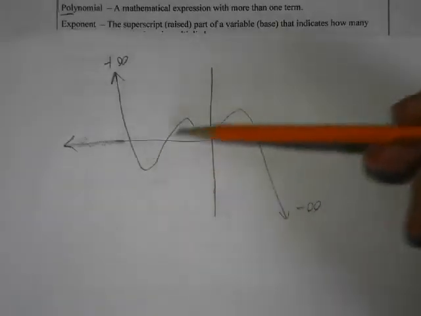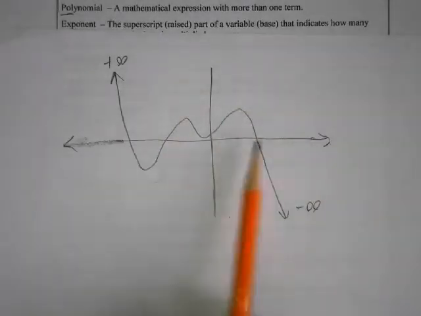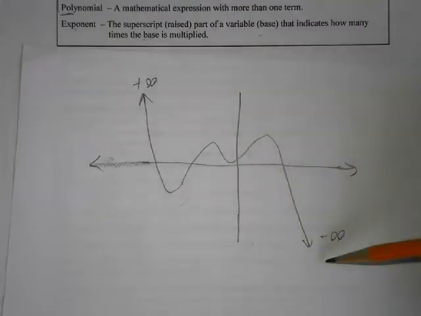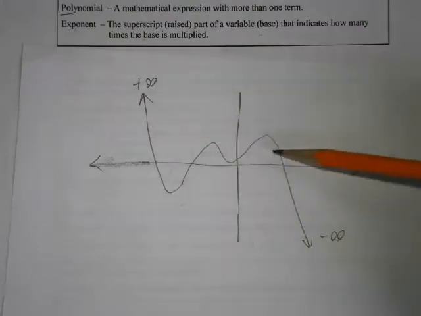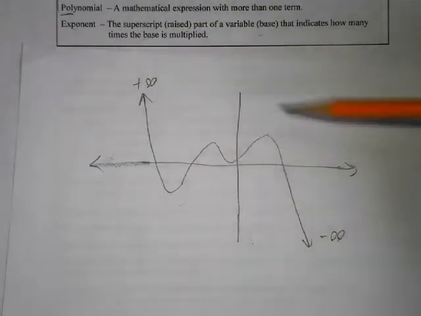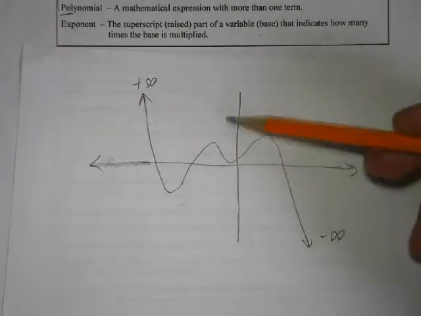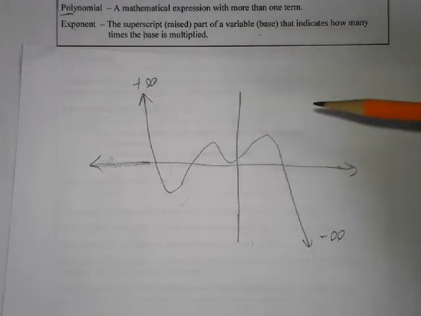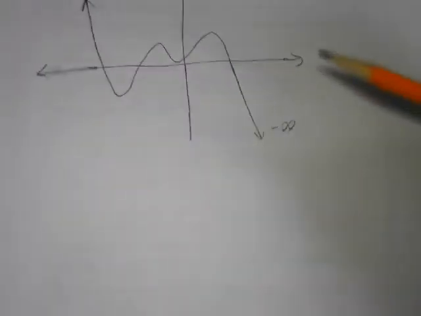But if I was to use this graph, and you're looking at, does this graph have a maximum or a minimum? It doesn't, because it goes up forever and it goes down forever. So I could never say there's a max or a min for this polynomial. Okay, so that would be true of that type of polynomial.